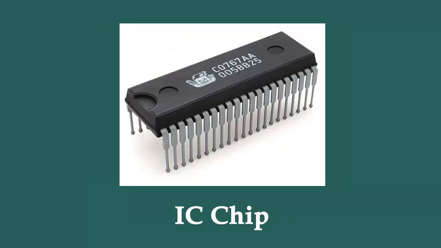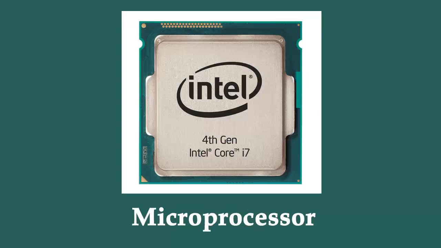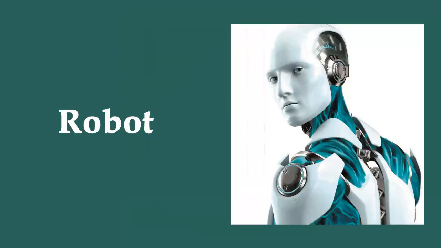It is an IC chip, the main electronic component used in third generation computers. It is a picture of a microprocessor, which is the main electronic component of fourth generation computers. Robot is an example of fifth generation computers.